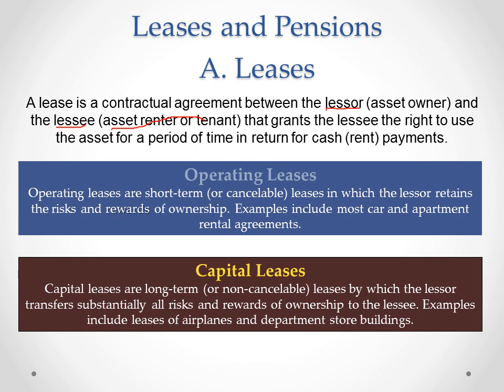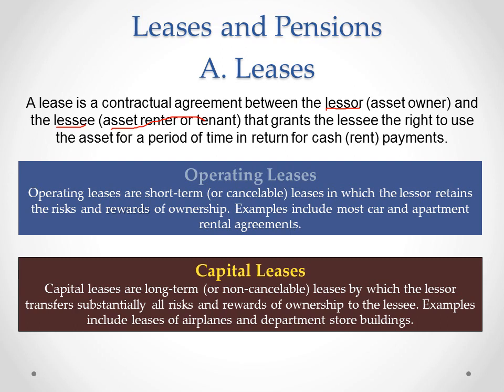This is an agreement between the owner and the renter that grants the lessee the right to use the asset for a certain period of time in return for a certain amount of cash that he will have to pay to the owner. This agreement is called a contract or a lease contract.